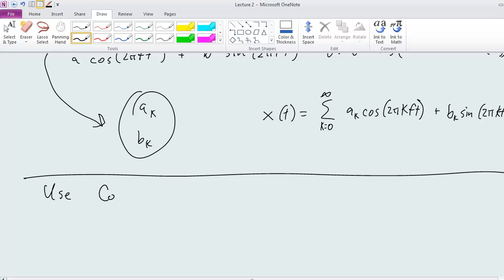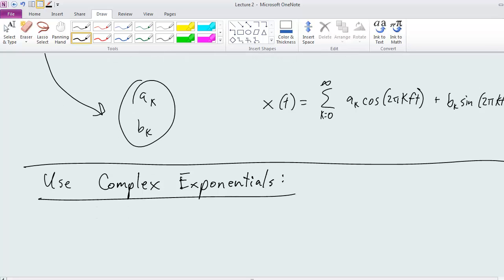Okay, use complex exponentials instead of sinusoids, sines and cosines. So what we're going to do is first get some intuitive familiarity with a complex exponential function.